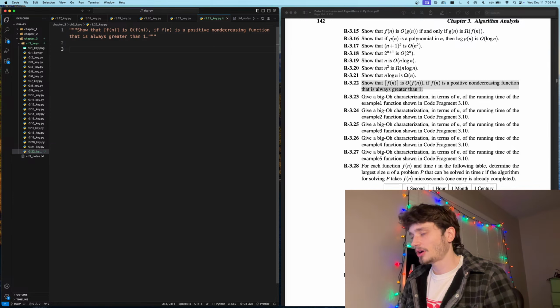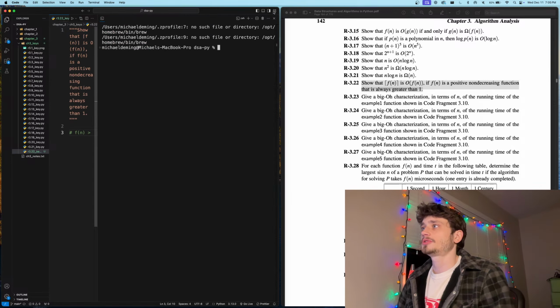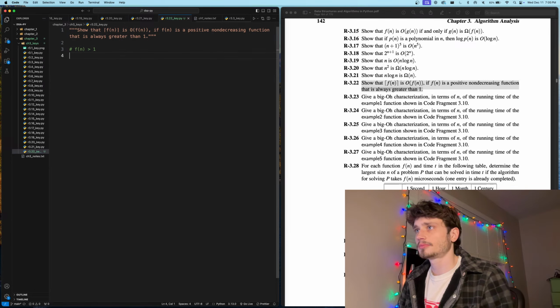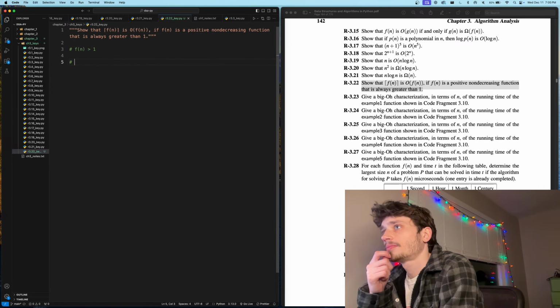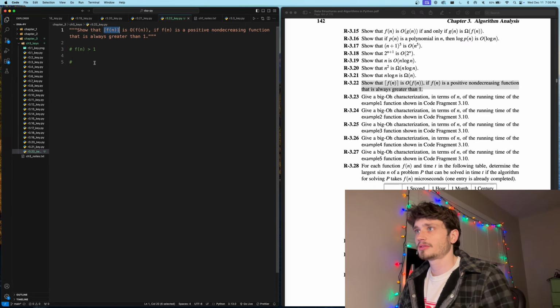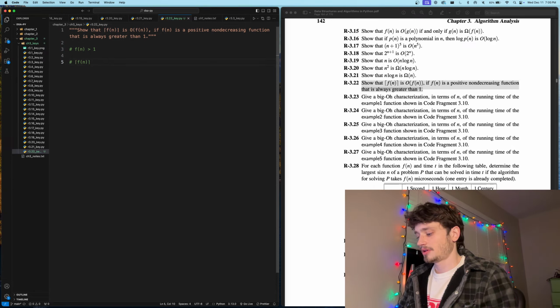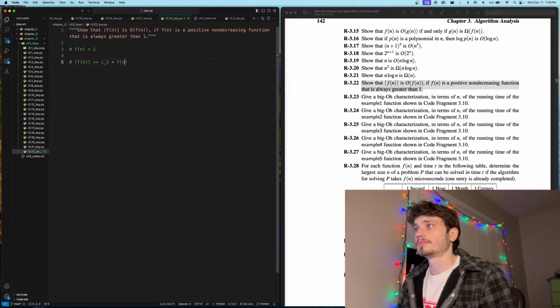So things that we know: f of n is greater than 1, right? So we want to show that the ceiling of f of n is less than or equal to some constant c1 times f of n, right?